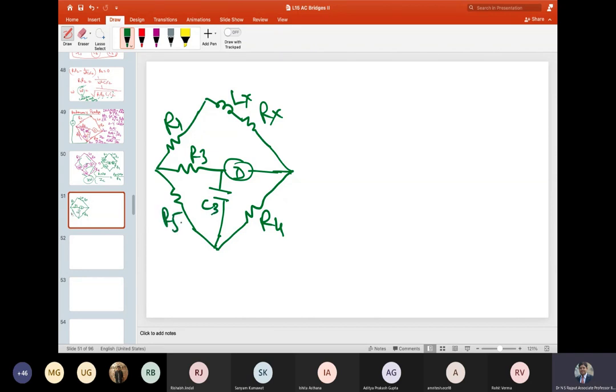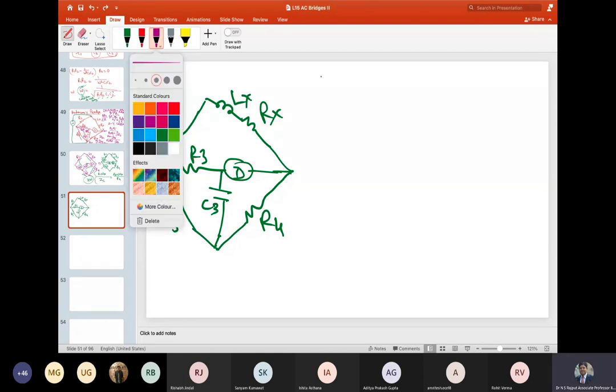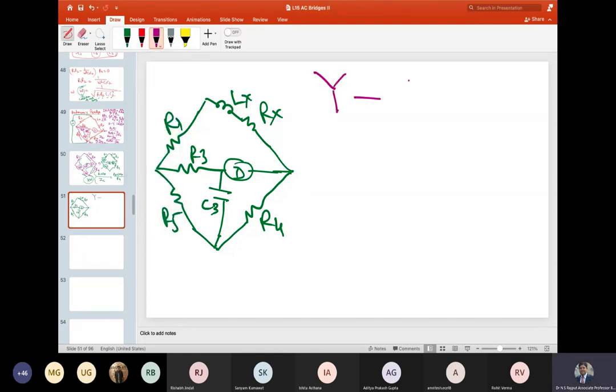One way was to break this, right? If I don't want to do that, is there any alternative way? So I can now talk about star to delta conversion. Earlier we did delta to star. Now we are thinking of converting it from star to delta.